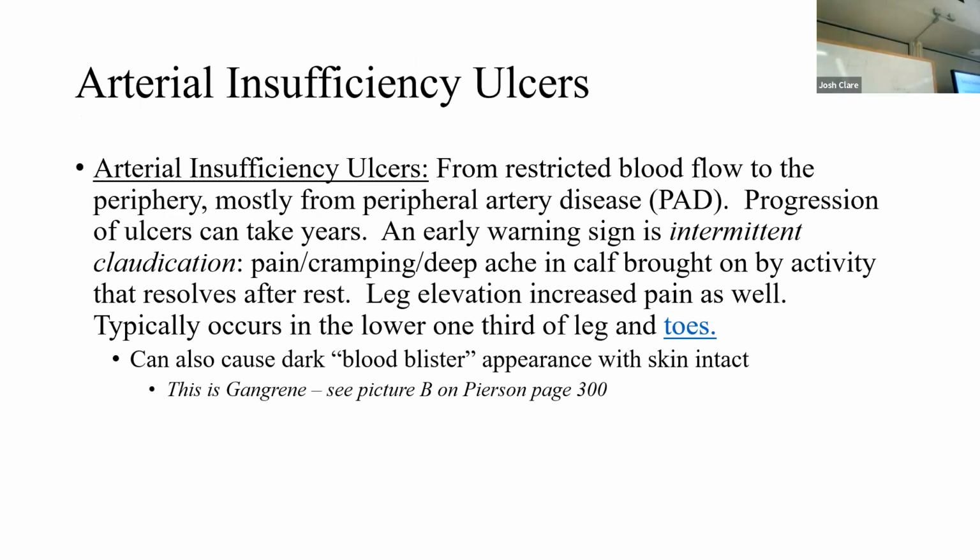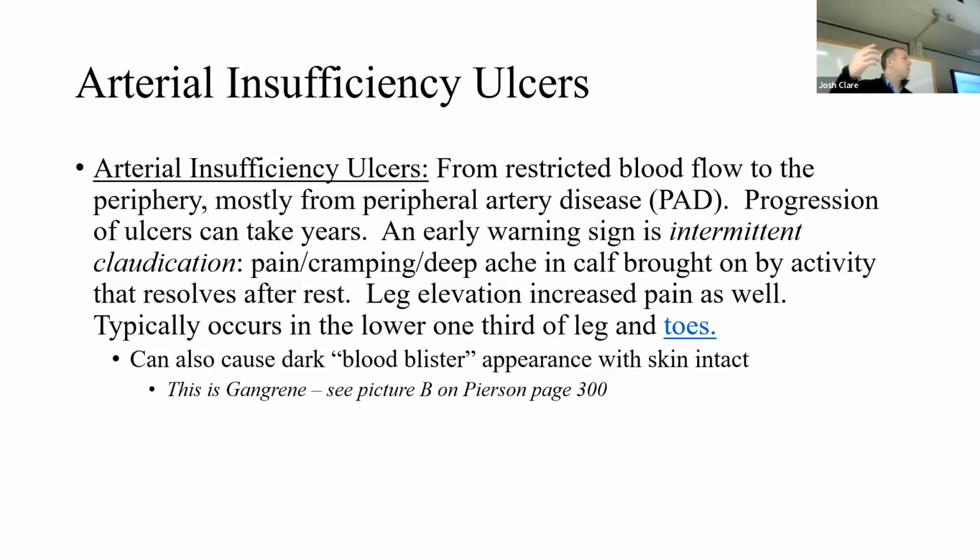An early warning sign is called intermittent claudication. I bet you if you've been a tech for a year or two, you've had a patient with this. Intermittent claudication is a pain, cramping, or deep ache in the calf brought on by activity, but resolved from rest. Does that sound similar to any of the patients you've seen?